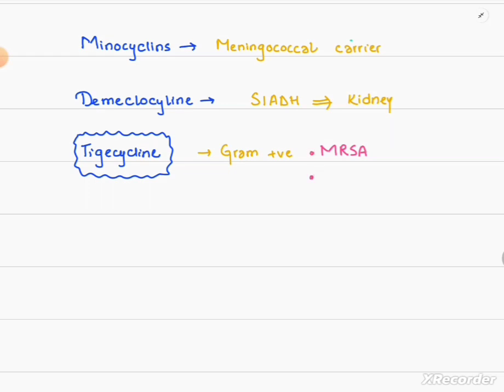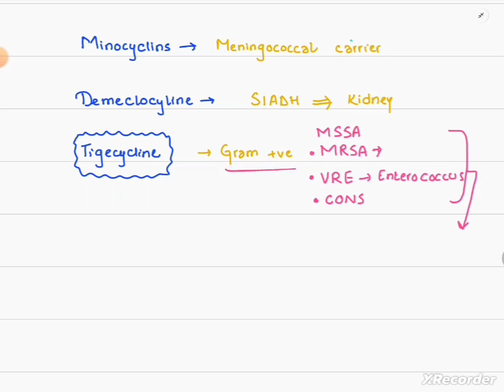It also covers Enterococcus, including the vancomycin-resistant Enterococcus as well. So it has a very broad spectrum. It is also used for the treatment of CoNS, which is coagulase negative staphylococci, and Staph aureus, which we have already discussed here. So all for the treatment of MRSA, MSSA, VRE, which is vancomycin resistant enterococcus, and CoNS. All these bacteria are gram positive.